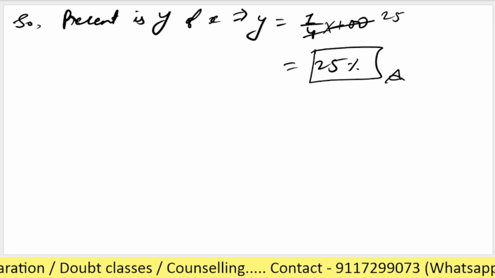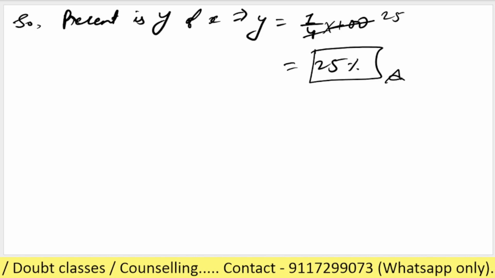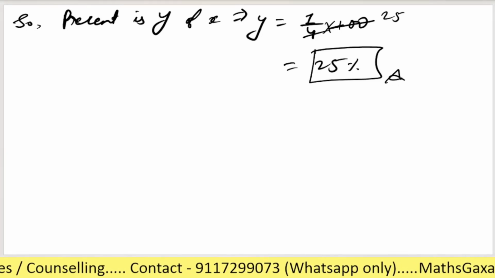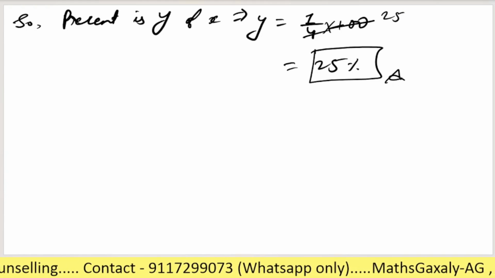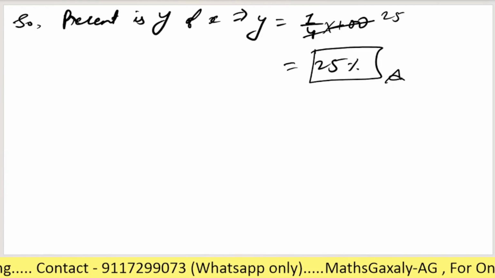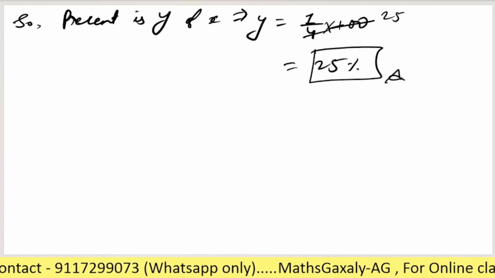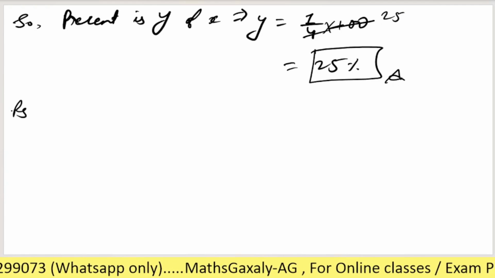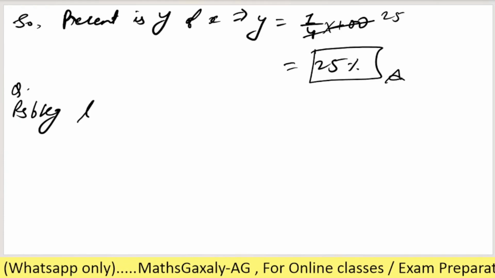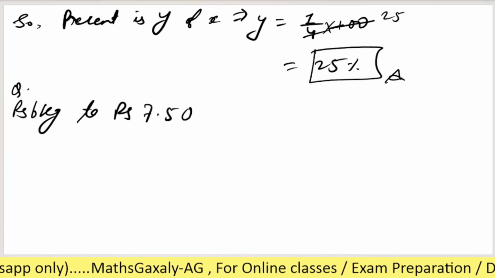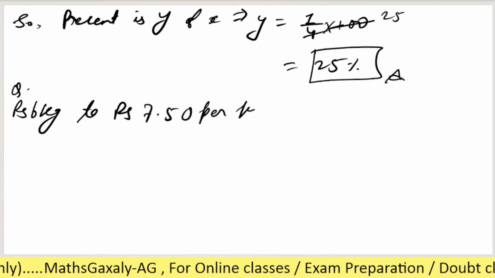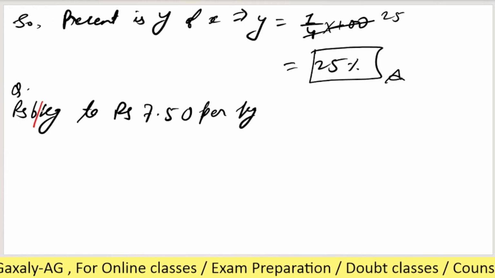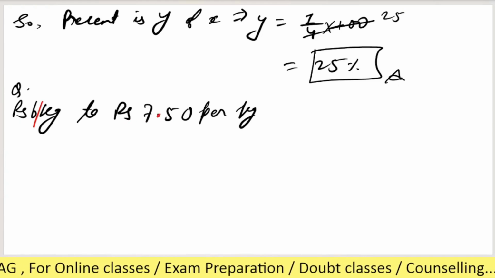Now write the next question. The price of a commodity, rice, from rupees 6 per kg to rupees 7.50 per kg.